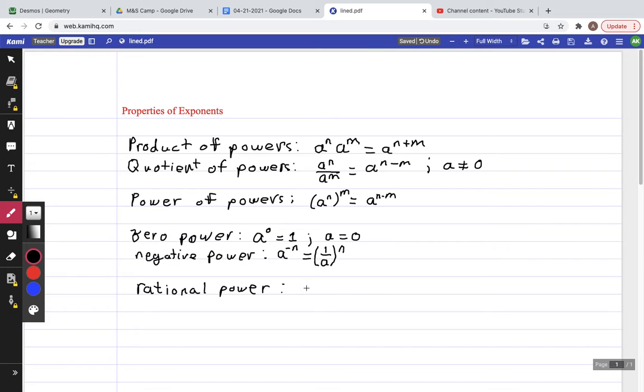And this tells me that if I have a to a fraction, I'm going to say m divided by n, so a is being raised to a rational exponent, this is the same thing as saying the nth root of a to the m.